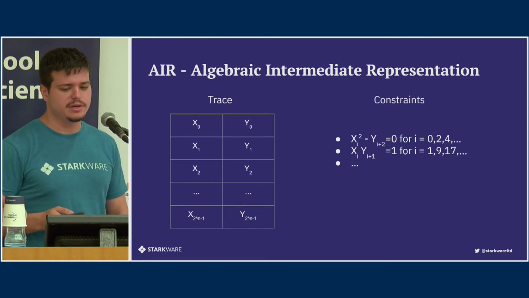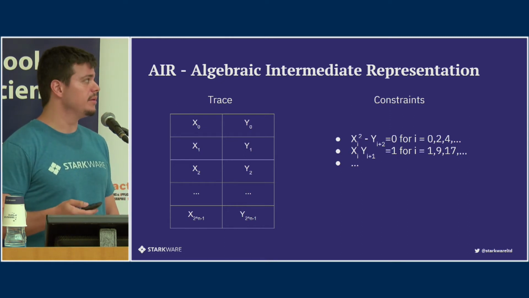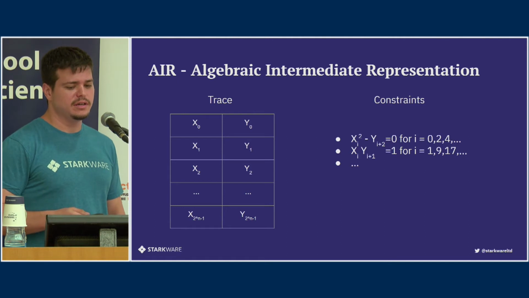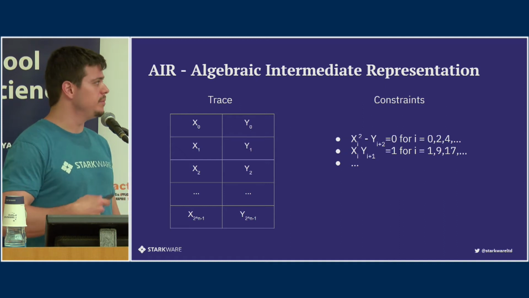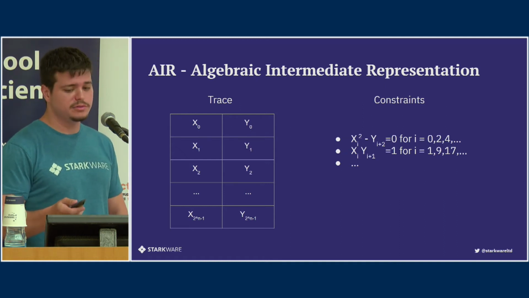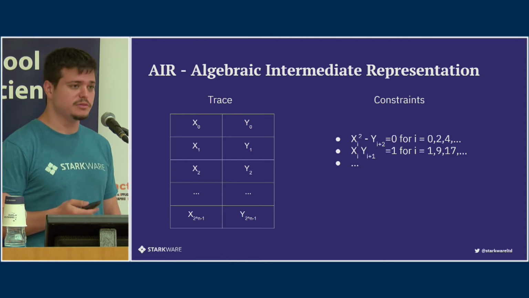On this table, we have some constraints which describe this computation. These constraints are polynomials that are supposed to be low degree, and they repeat every power of 2, some power of 2. It depends on your constraint.